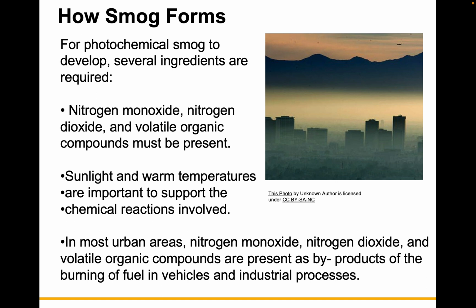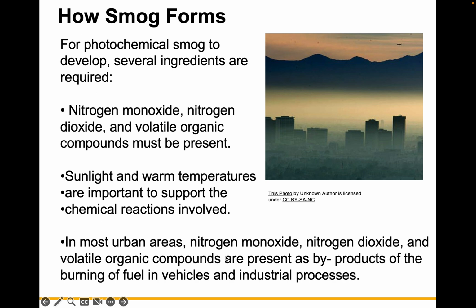And how does this smog form anyways? So photochemical smog has several ingredients that are required. We have to have nitrogen oxides and VOCs. We have to have sunlight and warm temperatures to promote those chemical reactions to produce the secondary pollutants.